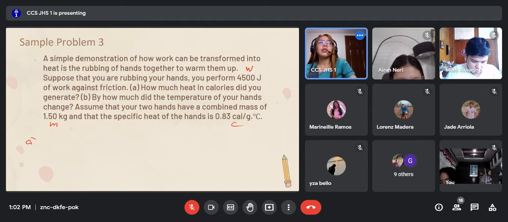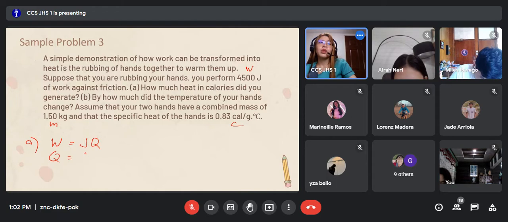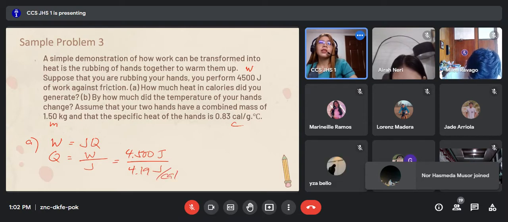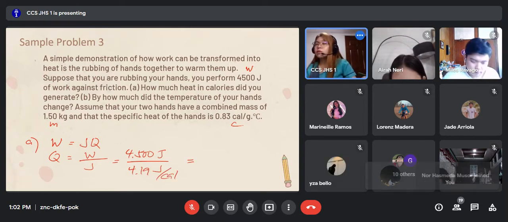For letter A, you just use the equation work is equal to JQ. You need to solve for Q, right? How much heat in calories. Work is given, so we rearrange: Q is equal to work divided by J. Since work is given, that is 4,500 divided by the constant 4.19 joule per cal. What is your answer?